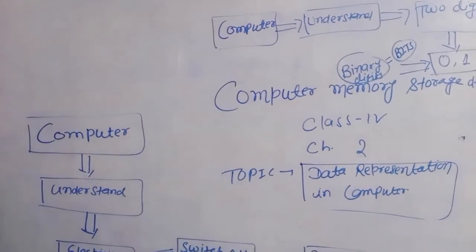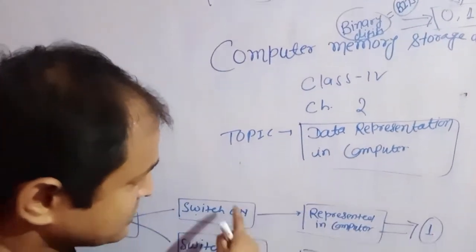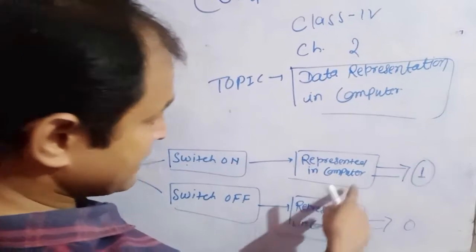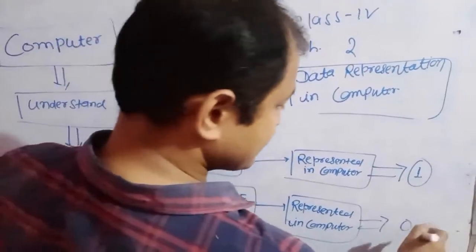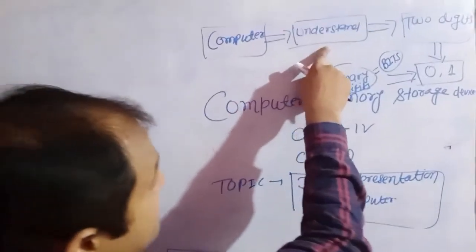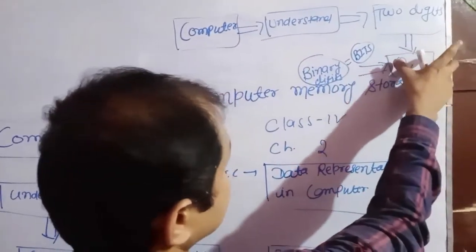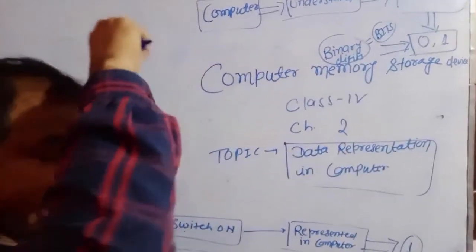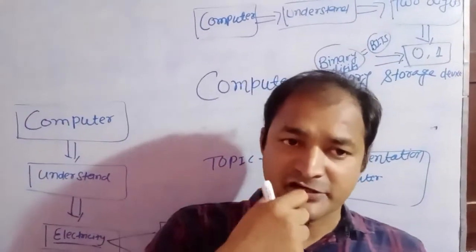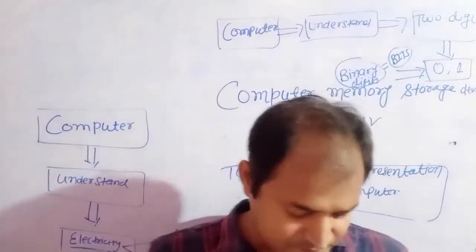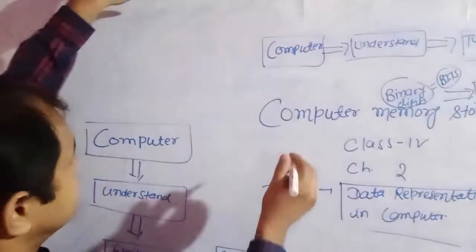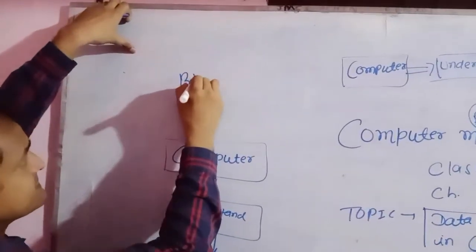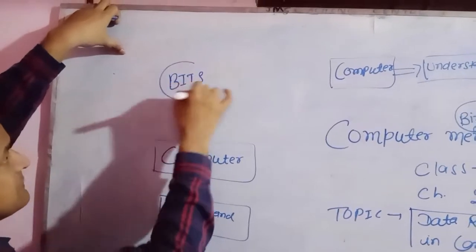Computer understands electricity mode, switch on and switch off. Switch on represented in computer is 1 and switch off is 0. Again, computer understands two digits 0 or 1, called binary digits, and this binary digit is also called a bit. What is a bit?